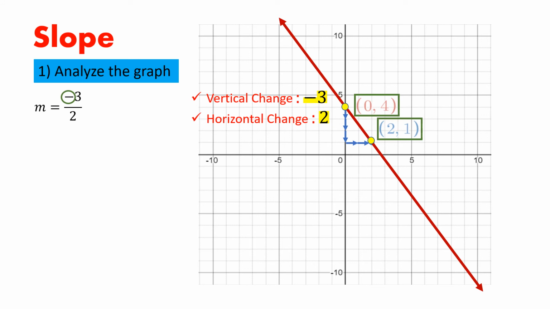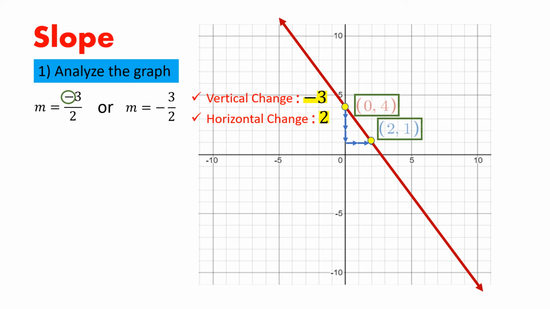We could move the negative sign in front of the fraction and express the slope as -3 over 2. This form is a little more common, but it really doesn't matter whether the negative sign is in the numerator, denominator, or in front of the fraction.